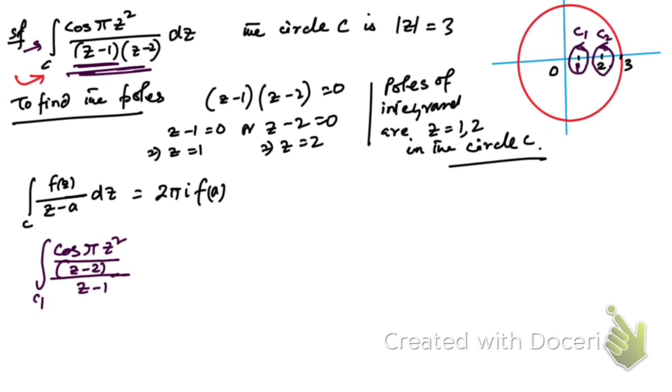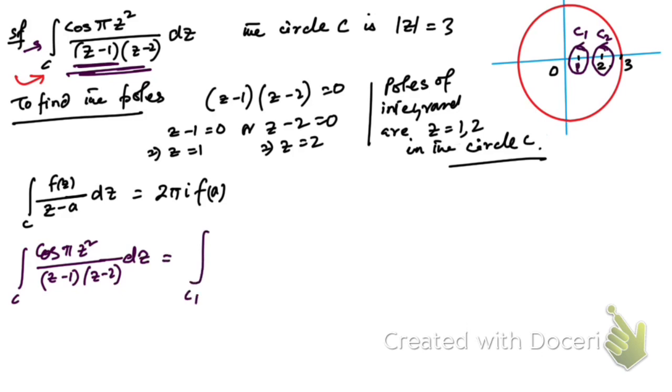So here you see, you can write this way: integration along C of cos pi z square by z minus 1 into z minus 2 dz. It can be written as integration along C1 of cos pi z square.